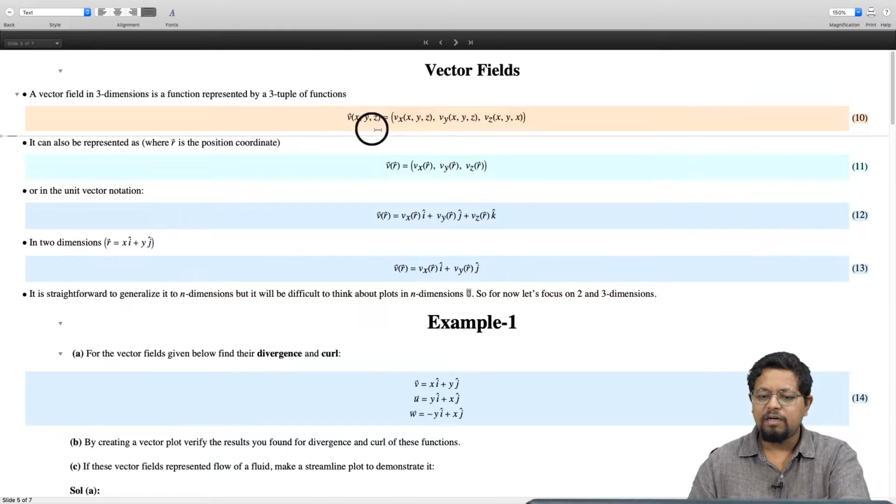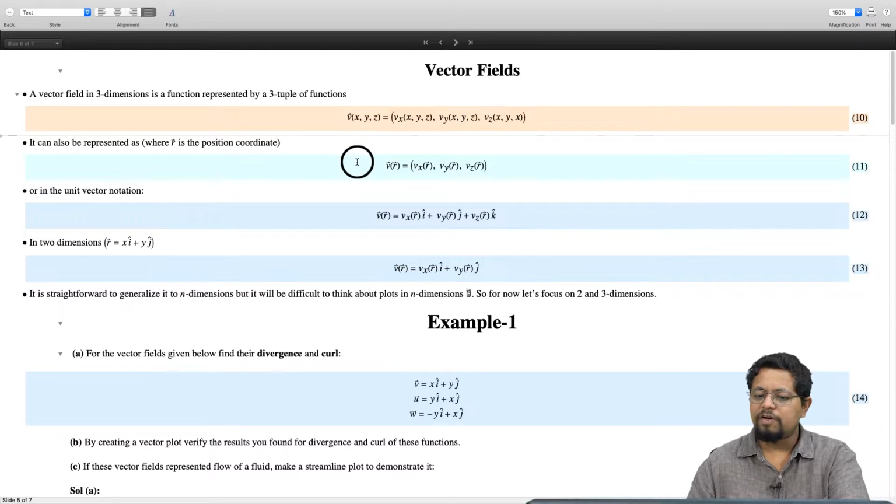So if V is a vector field, it's a vector function of x, y and z, that is it has 3 components Vx, Vy and Vz, and each of the 3 components Vx, Vy and Vz is a function of the coordinates x, y and z.